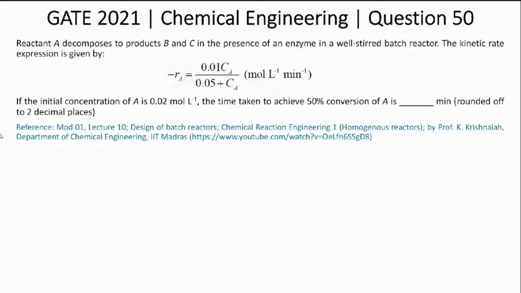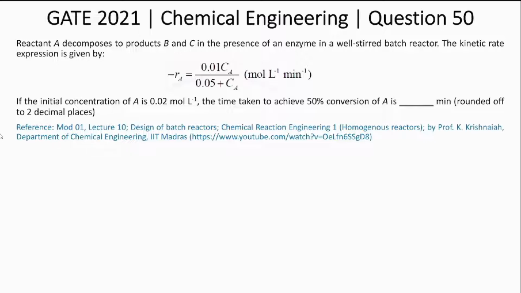Okay. So in this question, reactant A decomposes to give products B and C. So the reaction is A gives B plus C in the presence of an enzyme in a well-stirred batch reactor. So it's a batch reactor that we are talking about.